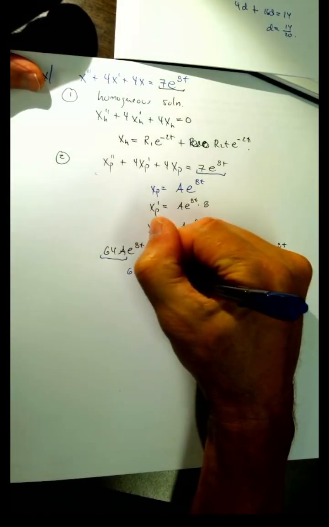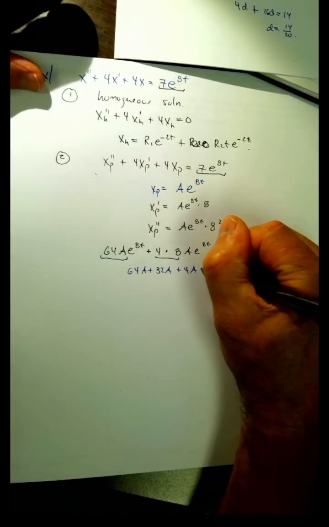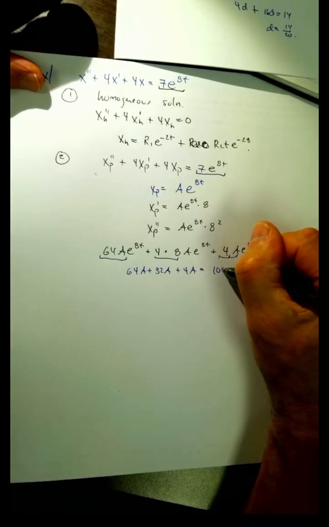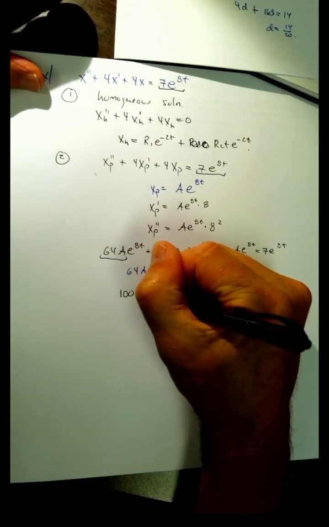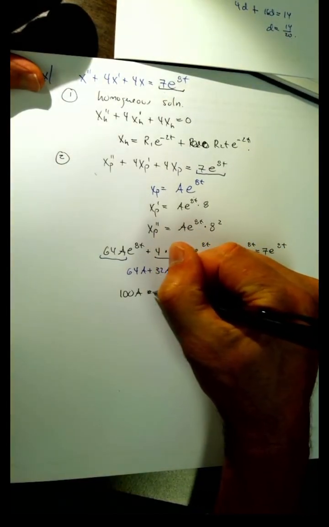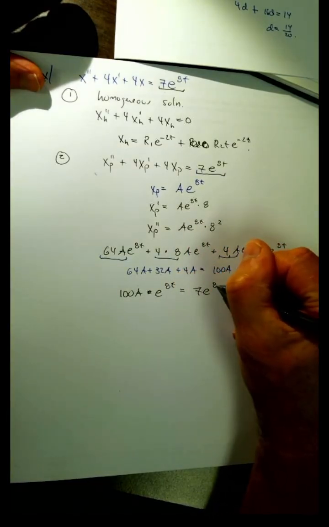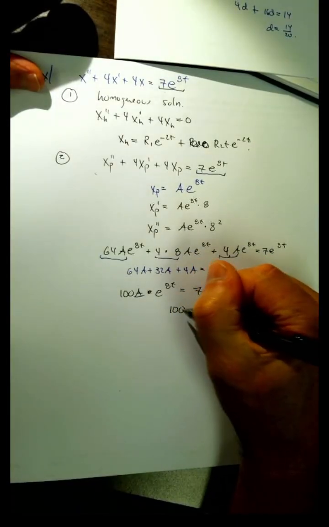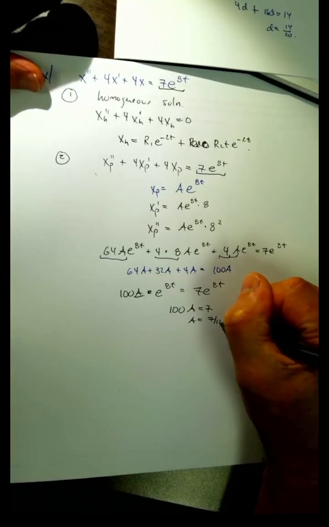So that becomes 64a plus 32a plus 4a. So this becomes what? 96 plus 4 is 100a. So the left-hand side is 100a e to the 8t, which equals 7e to the 8t, and I'm looking for an a that'll make this work. So that implies that 100a equals 7, or a equals 7 over 100.